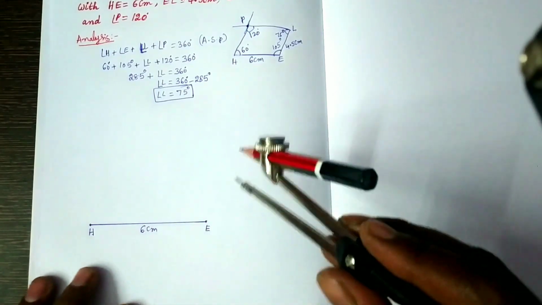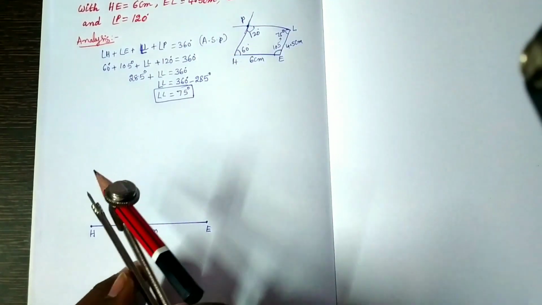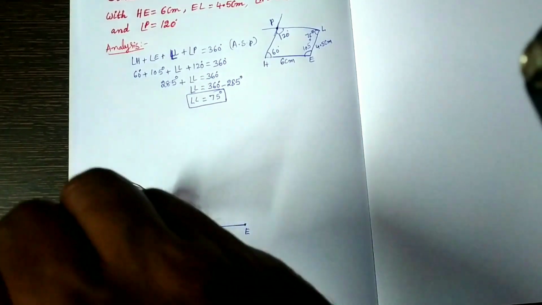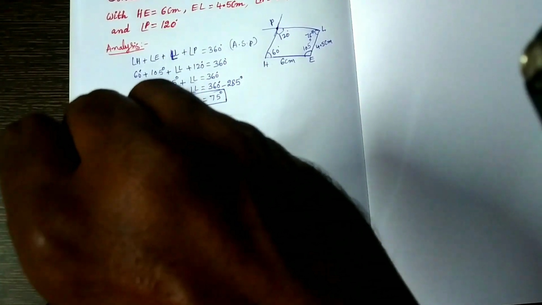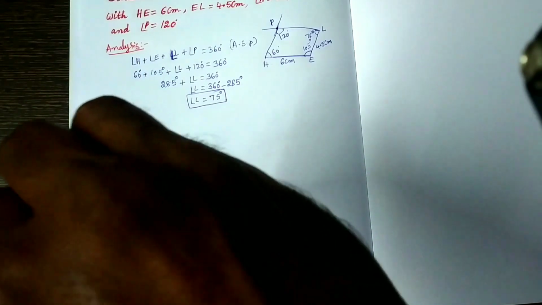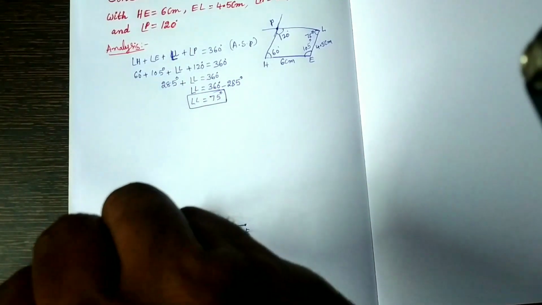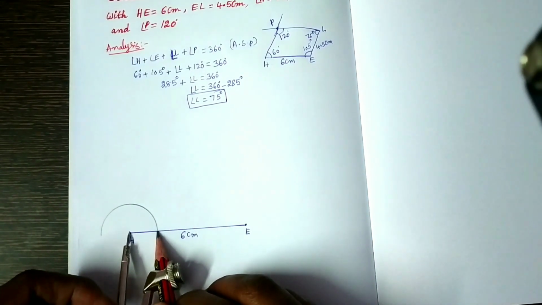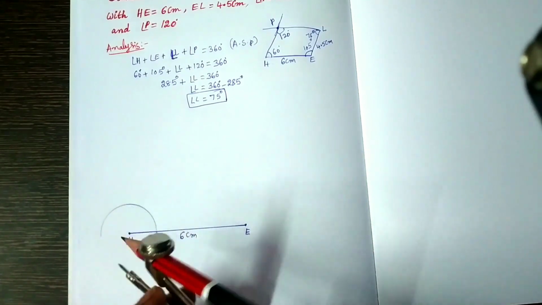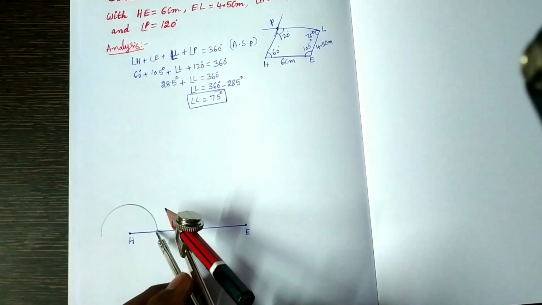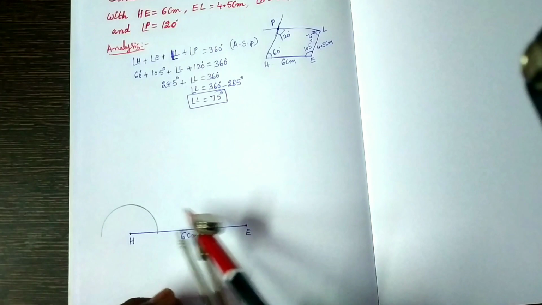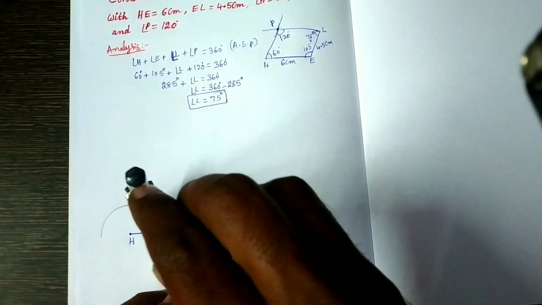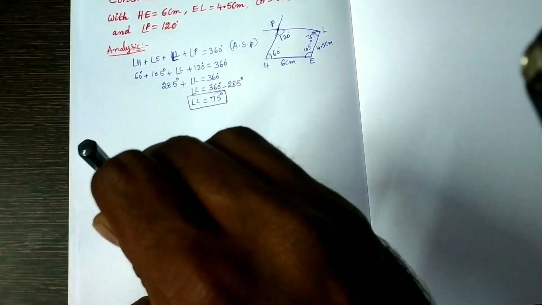So take H as a center, and with this radius draw an arc. With this same measurement, take the intersecting point of this arc and this side as center, and the same measurement as radius, draw an arc.